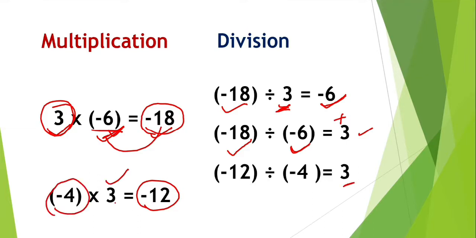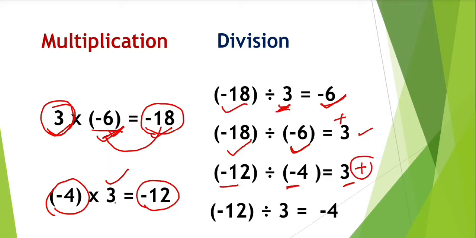So observe that when we divide a negative integer by a negative integer, we get a positive integer as the result. And similarly, minus 12 divided by 3 gives minus 4 as the answer. Here we are dividing a negative integer by a positive integer, and the result is a negative integer. These observations you have to note here.